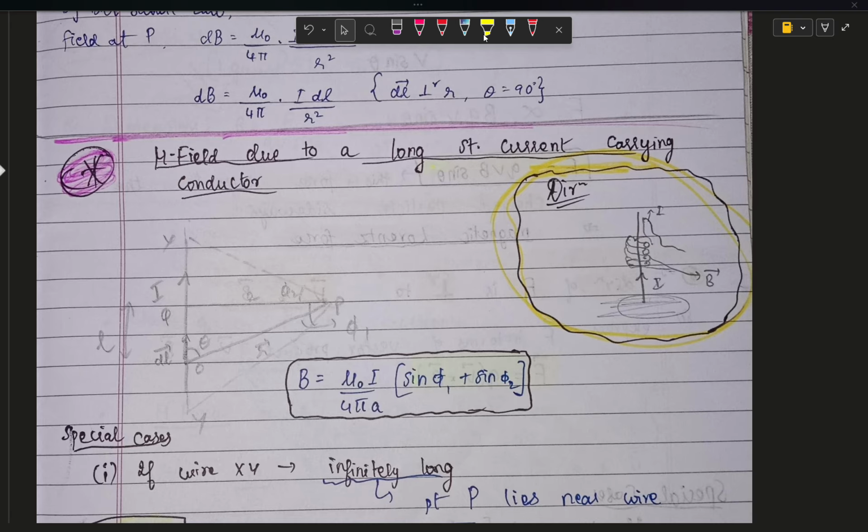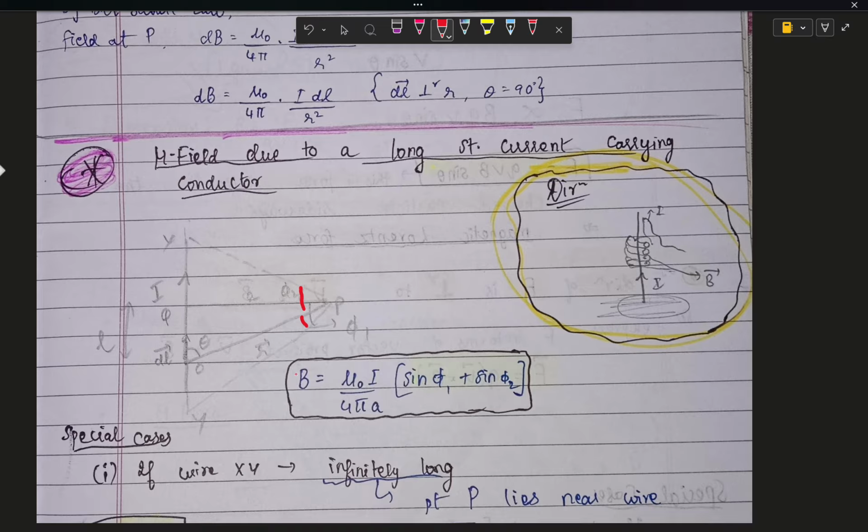This is a straight current carrying conductor. This is the value of current flowing in the conductor, and you take any point P over here. This is a current element dl we are taking, and from this point we draw a line. This is theta 2 actually. This is phi 2, and this is phi 1.